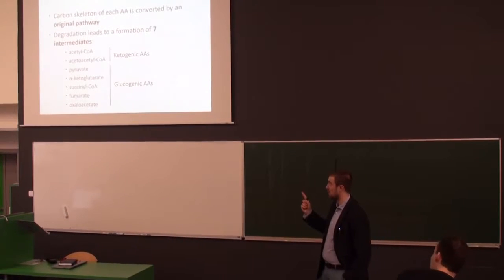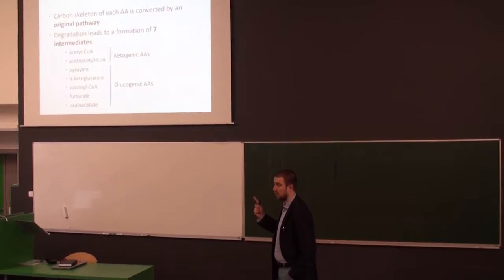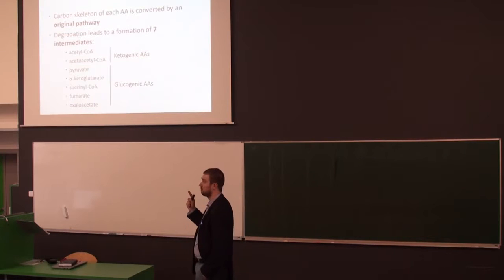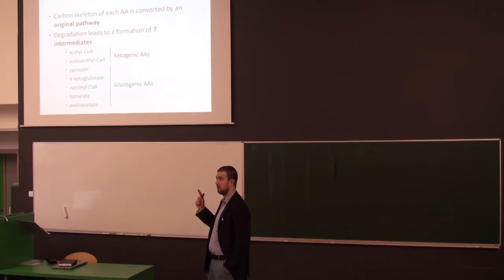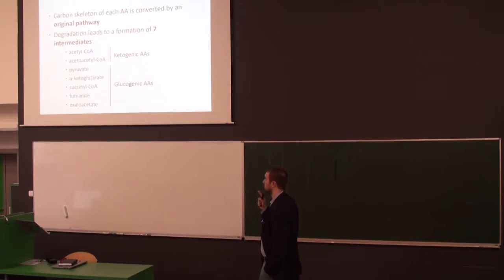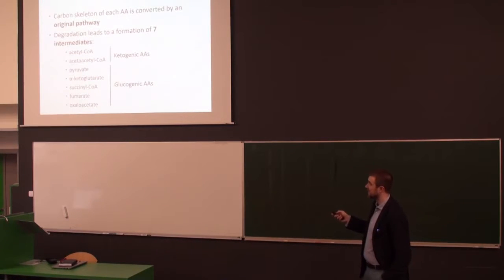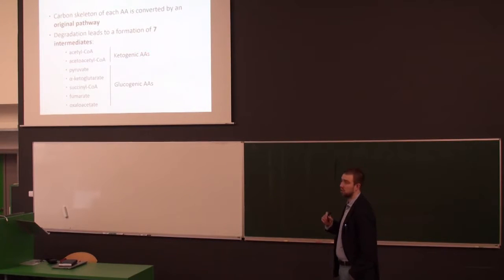First, acetyl-CoA and acetoacetyl-CoA, as you know, are precursors or are intermediates of metabolism of fatty acids. That means they can give birth to ketone bodies, and therefore, if an amino acid gives one of these 2 intermediates, we call it a ketogenic amino acid.